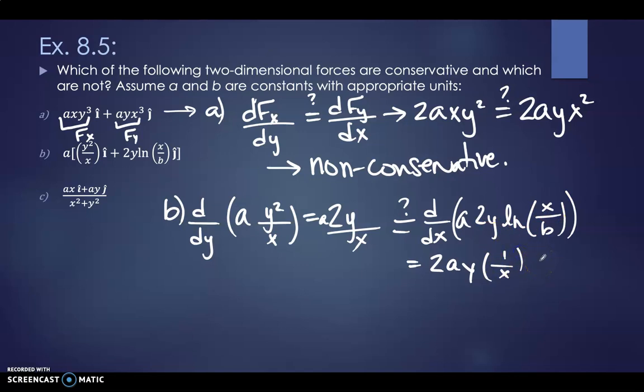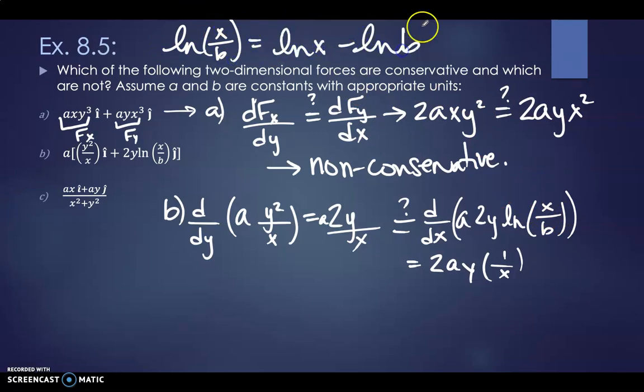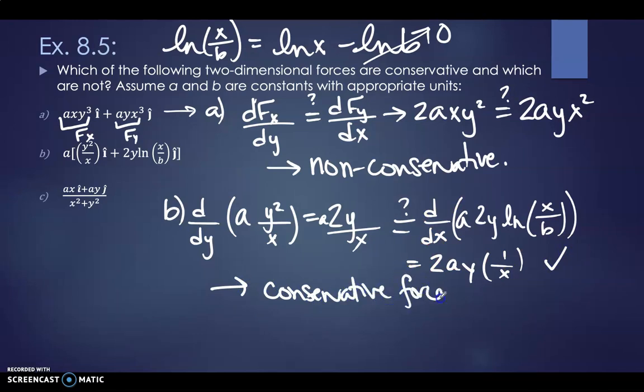And I believe the b will go away, since ln of x over b is equal to ln x minus ln b. Yeah, so that'll go away. So do these equal? Yes, they do. So this means that this is a conservative force.